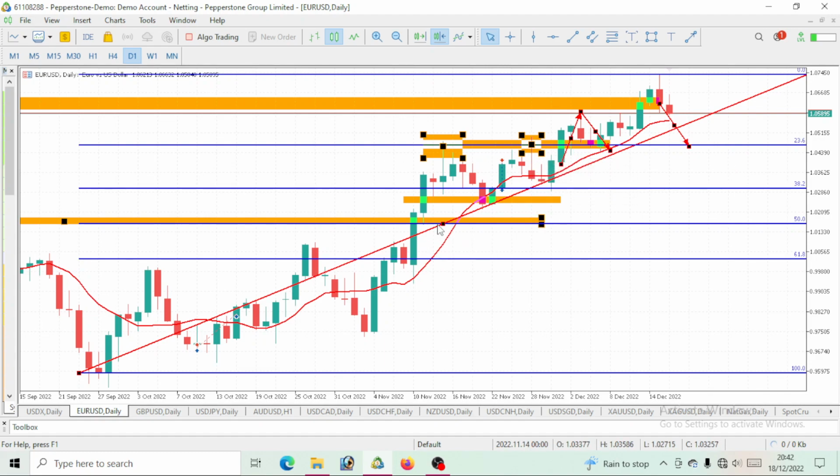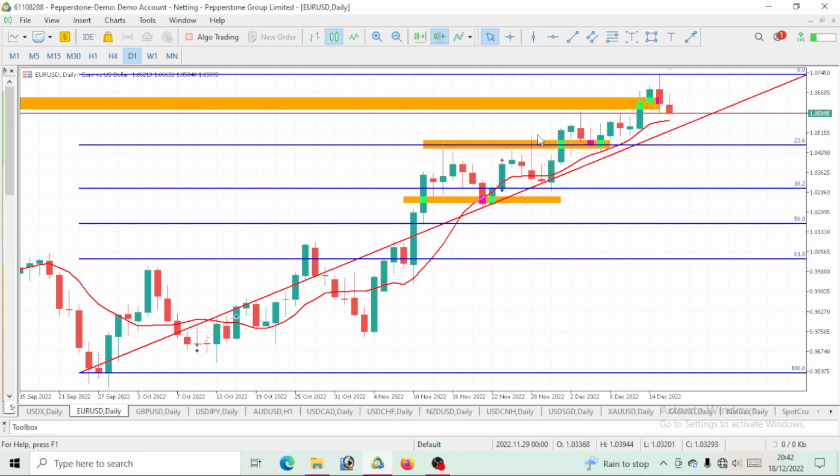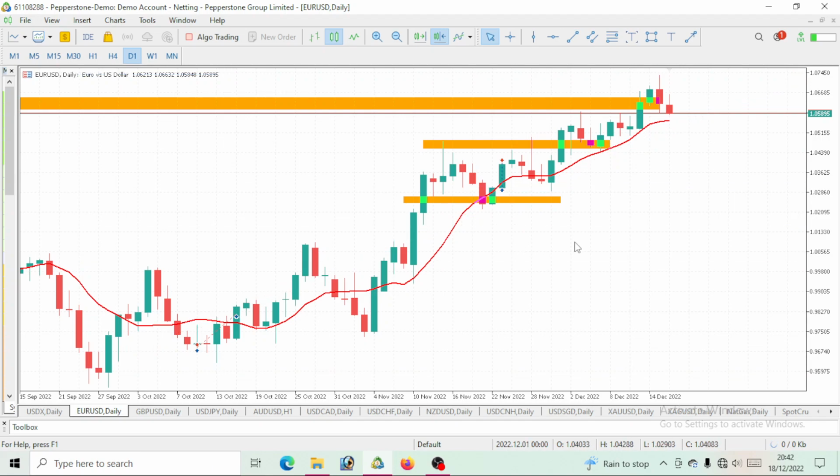And you can easily spot that price is giving us a pullback on our retracement, and it is very likely to drop to level 23.6 before it goes bullish. This is one of the reasons why I want to watch out for this level, which is a level of 23.6 on Fibonacci.